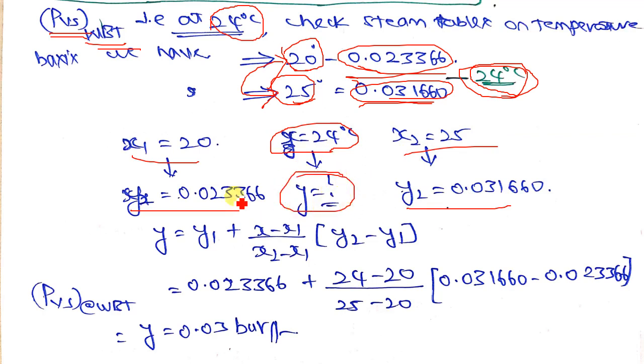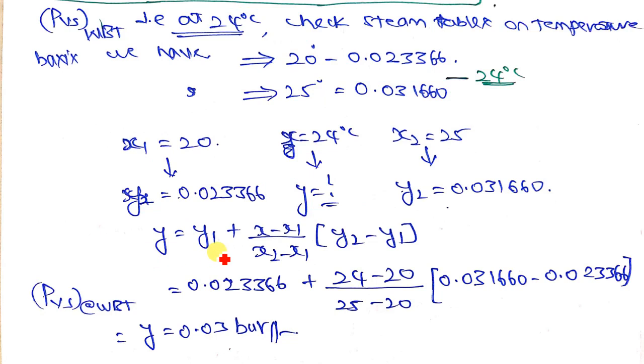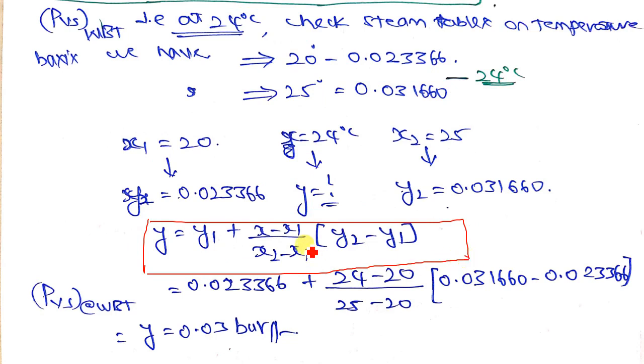Remember this formula again, which is very important: y equals y1 plus x minus x1 divided by x2 minus x1 into y2 minus y1. Substitute all the things, and you will calculate PVS at WBT, which is 0.03 bar.